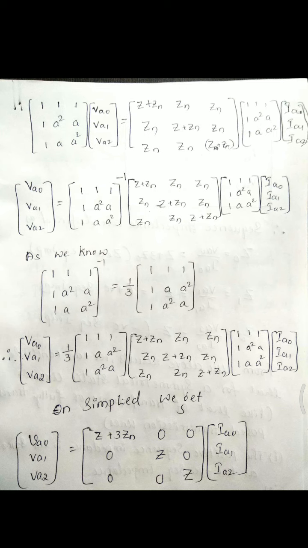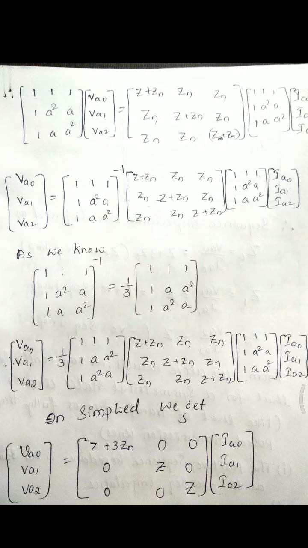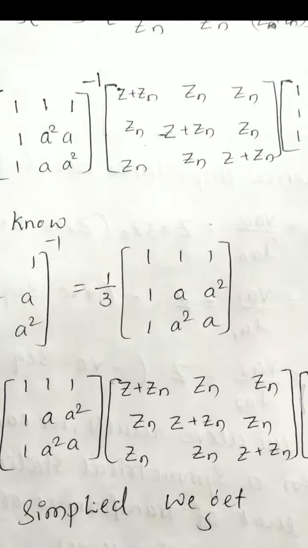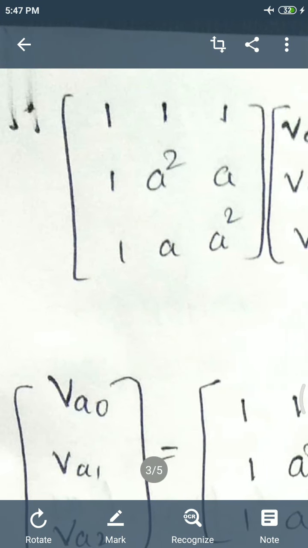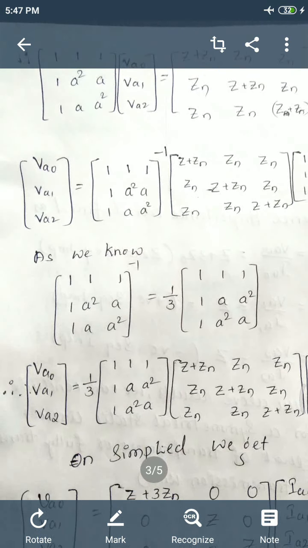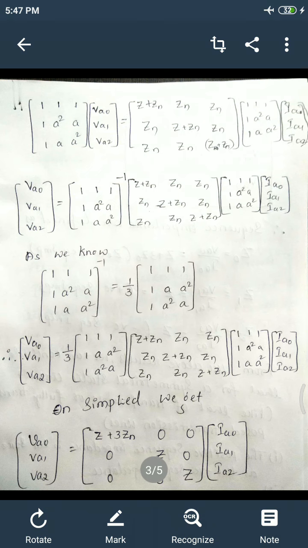So what we can do is, let's leave VA0, VA1, VA2 as it is, and send this matrix to the right-hand side. When you send that, it becomes the inverse of the matrix 1 1 1, 1 a square a, 1 a a square, and the remaining terms stay as they are.